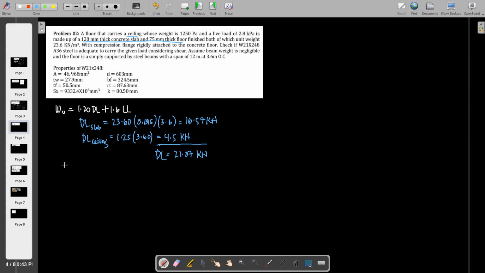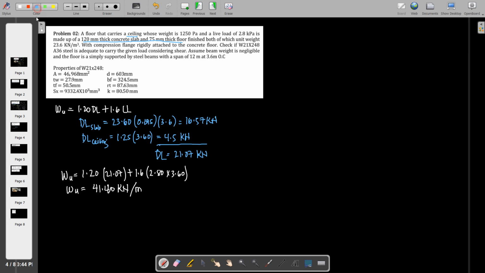Okay, so therefore, diretso na natin, W is equal to 1.2 times 21.07 plus 1.6, given live load here is 2.8 multiplied by 3.6. So W will be equal to 41.4 kilonewton per meter.